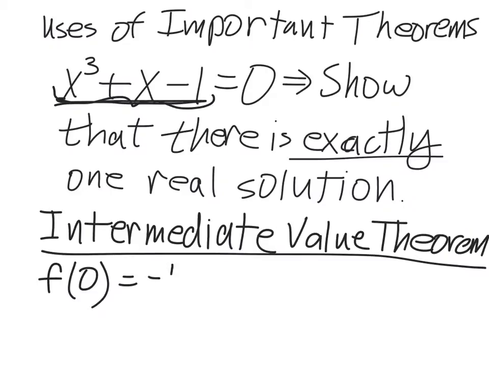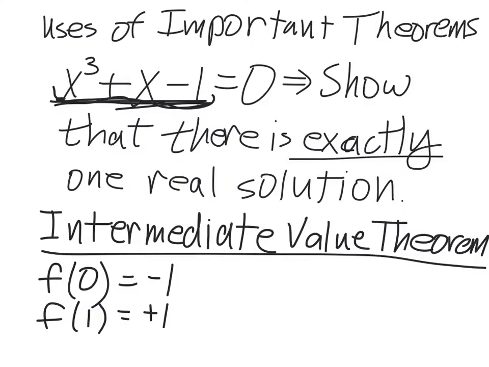Okay, negative 1. Well, let's see. How about if we choose f of 1? What's our y value going to be? Okay, it would be positive 1. Now, sometimes we have to do a little more work than this, but 0 is always a good place to start. 1's always a next best place to go.